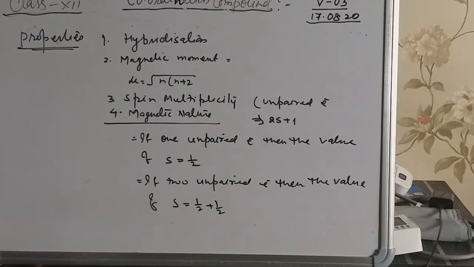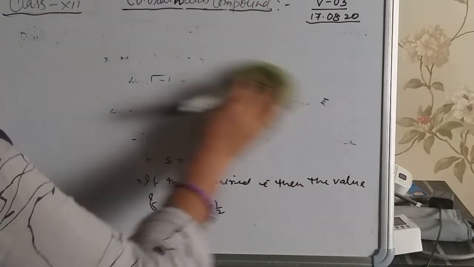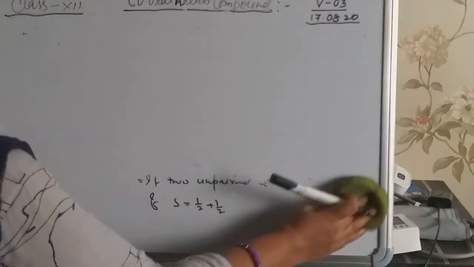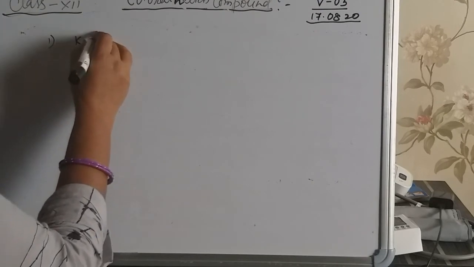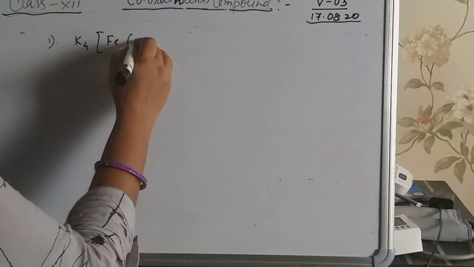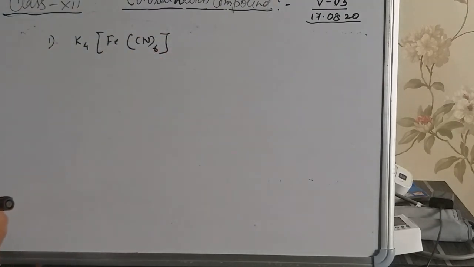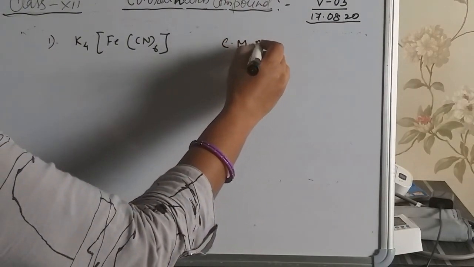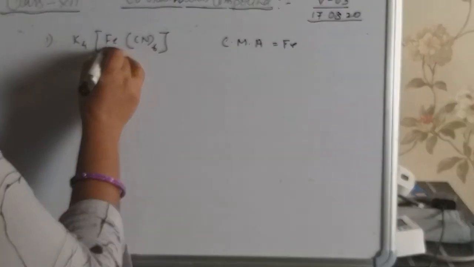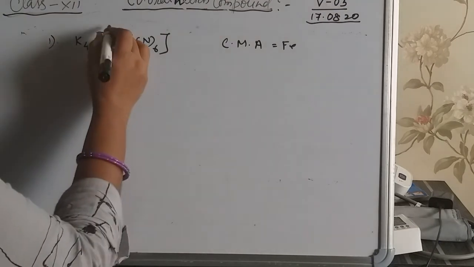On this basis, we can find out the properties of the particular complex compound. Let's discuss by example. Suppose we have a complex compound K4[Fe(CN)6]. As we know, CN is the strong ligand and the central metal atom is Fe. So find out the oxidation number of the central metal atom at first.